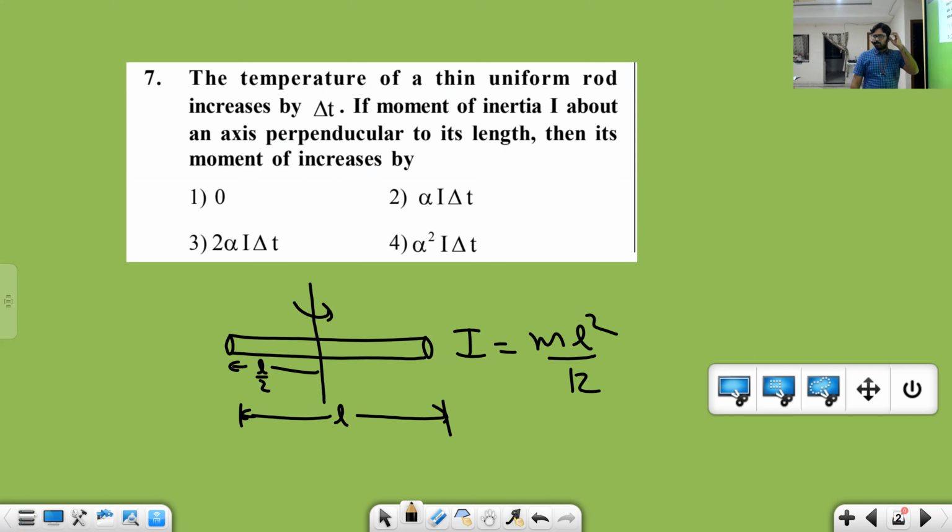So this is the moment of inertia formula when the axis passes through the center of a thin rod. So I is equal to ml square by 12.